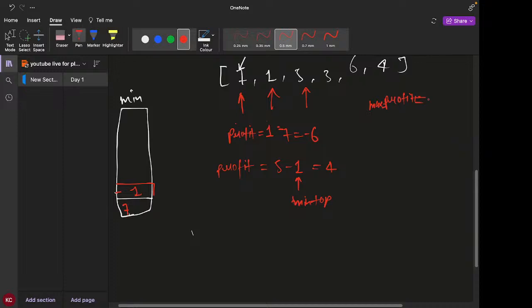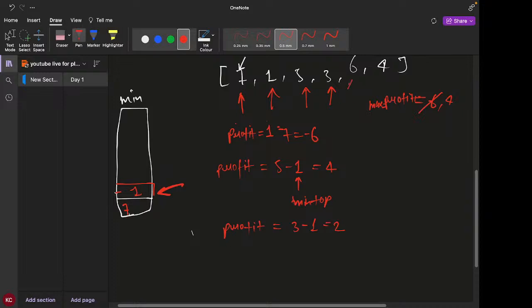Here first it was 0, but I got something bigger than it, so I update it to 4. Again I got the 3, move forward, then profit is 3 minus top of the stack, that is 1, so it is 2. Is it greater than max profit? No, so I didn't update it.